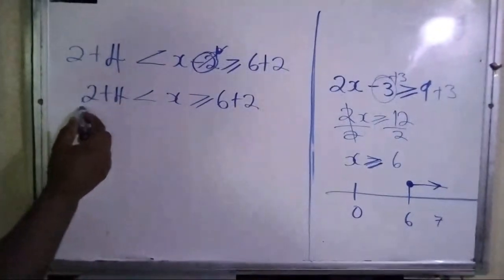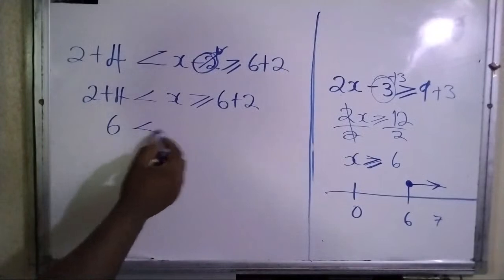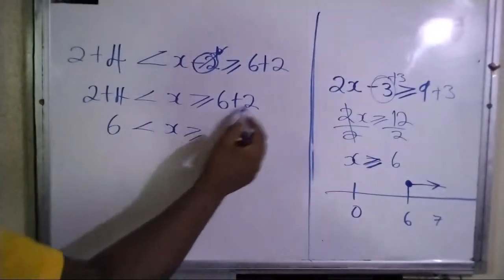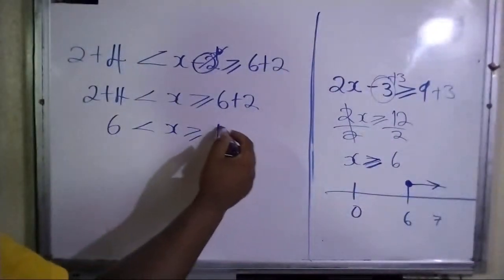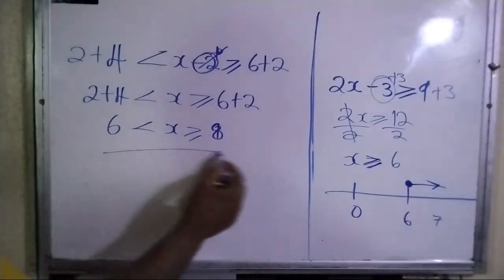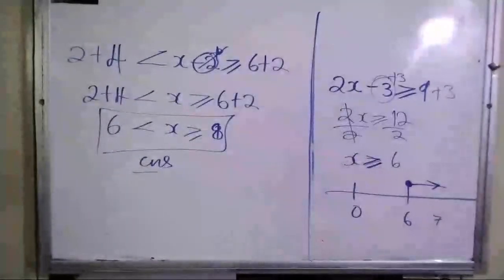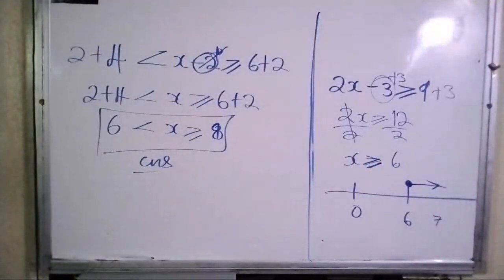Alright, so 4 plus 2 is equal to 6, and then 6 plus 2 is equal to 8. So this would be our answer. Alright, so x lies between 6 and 8. That's what it actually means. Alright.